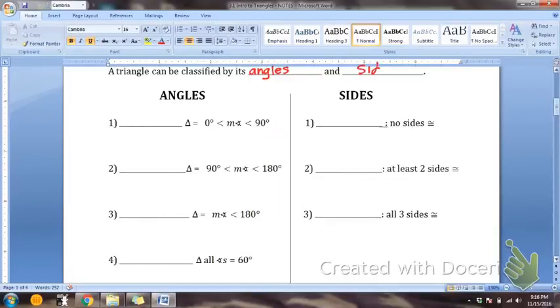So the first type of triangle that we're going to talk about is called an acute triangle. An acute triangle, we've used this word before. Remember, it was less than 90 degrees. So an acute triangle says that all angles are less than 90 degrees.